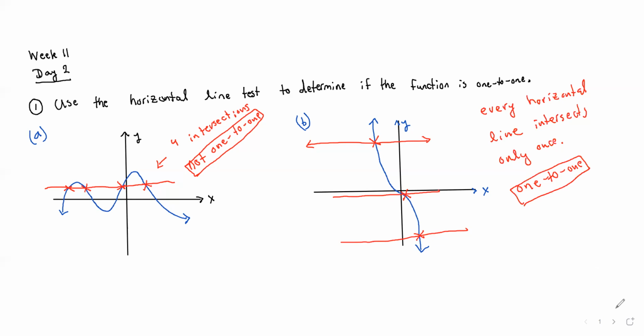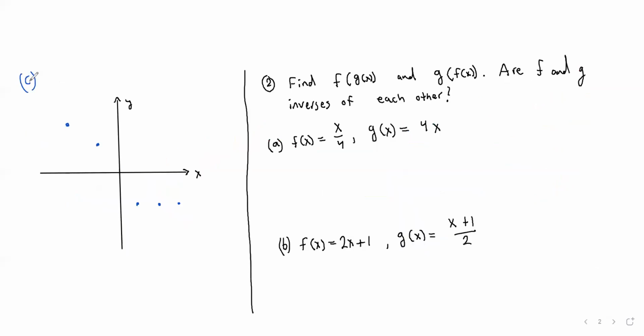Now let's look at C. Here the graph for C is just a collection of points. For example, if we draw a line through this top point over here, it intersects this dot. That's 1 intersection, no problem. And the same thing, if you drew a line through here, you just have 1 intersection. So up here, there's no problem.